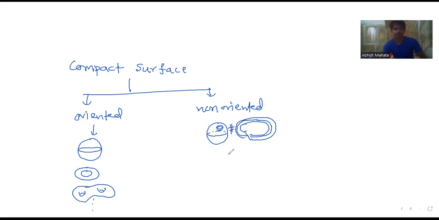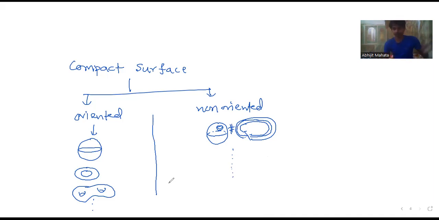This is called the connected sum. This way you can create a lot of surfaces. Basically, according to the number of holes, we can classify the surface: compact, oriented or non-oriented, and then how many holes you have.